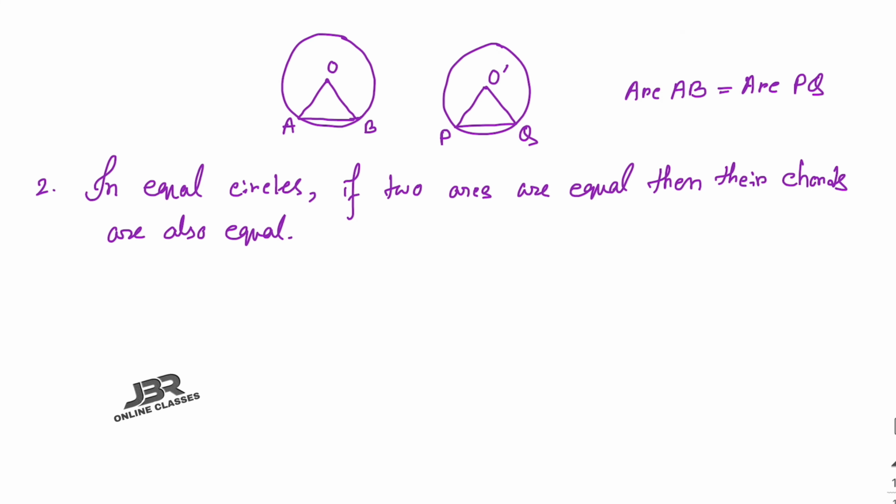Here is sum number 1 from exercise 15.2. If arc APB and another arc CQD of a circle are congruent, then find the ratio of AB to CD.